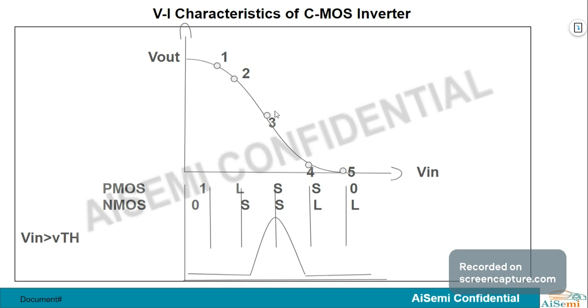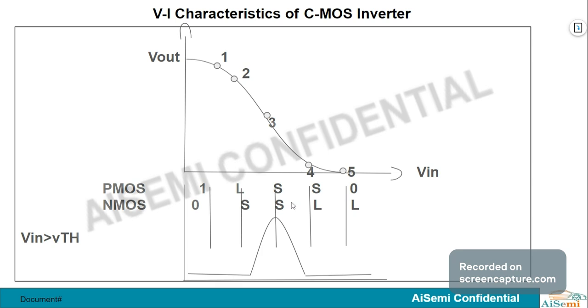The remaining region is the third region. This is the important region, where the current waveform is formed. In the third region, the condition is Vin equals Vout equals VDD by 2. At this condition, both the PMOS transistor and NMOS transistor are in the saturation region.